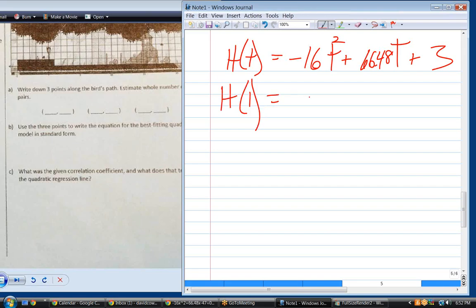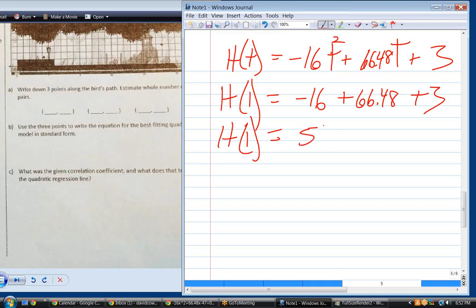Well, minus 16 plus 66.48 plus 3. So h of 1 equals 53.48. Estimate whole numbers. Okay. That whole number is going to be 1 comma 53.